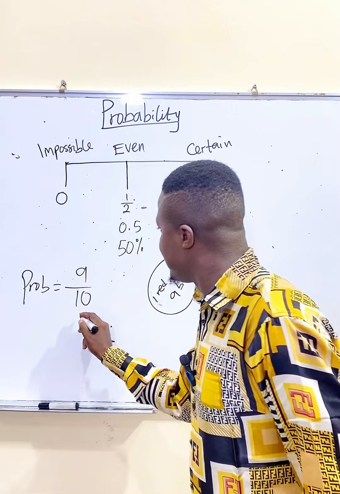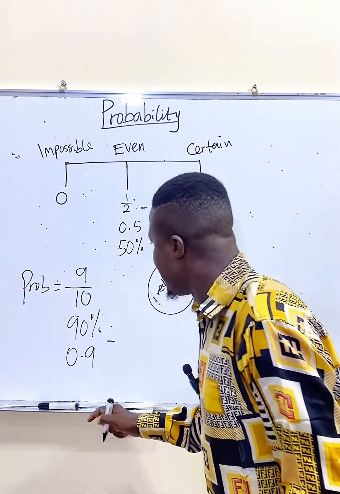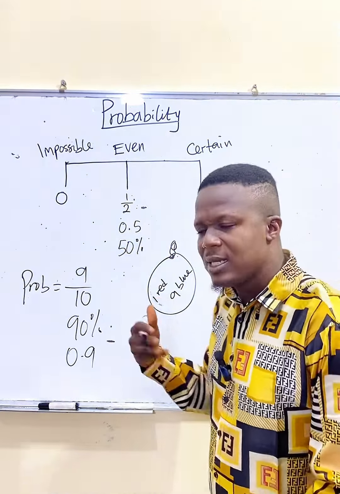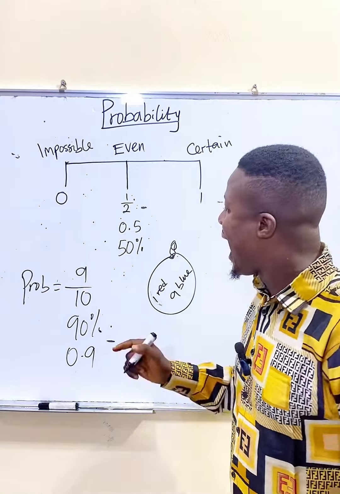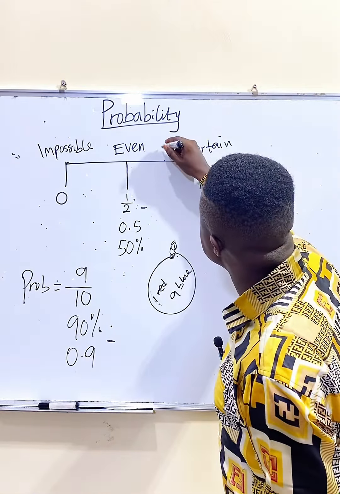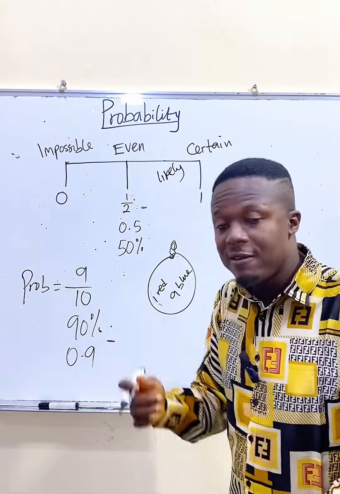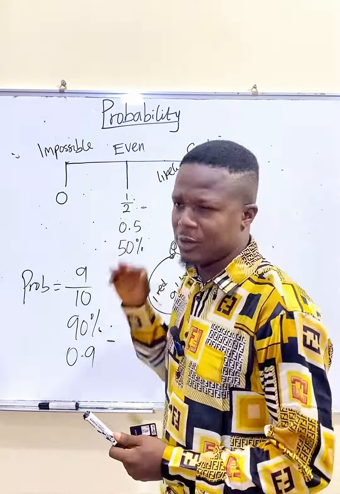And 9 over 10 is either you call it 90% or 0.9. And 90% is close to 100%. So events like 70, 80, 90% that are very close to certain, very close to happening are called likely events.